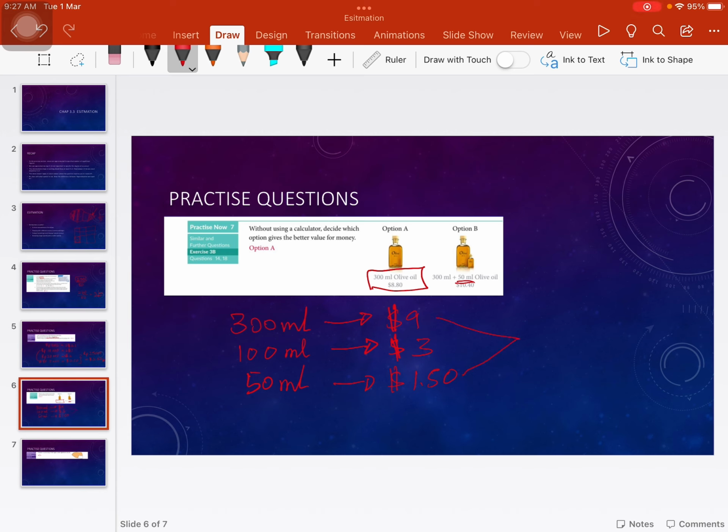Now, combine these two together. That will give me 350 ml should give me $10.50, according to option A. Now that you have a similar quantity, both option A and option B have 350 ml, now you can compare the price.